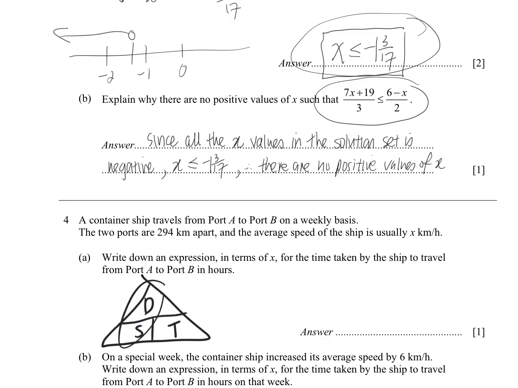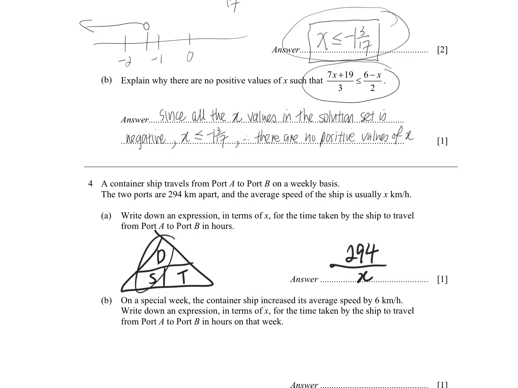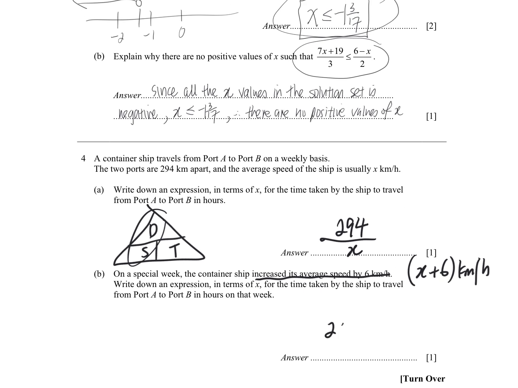Okay, time is distance divided by speed. So the distance is 294. The speed is x. So that's the first equation. Second, they say the speed increased by 6. So now it's x plus 6. So to find the new time is also distance divided by this new speed.